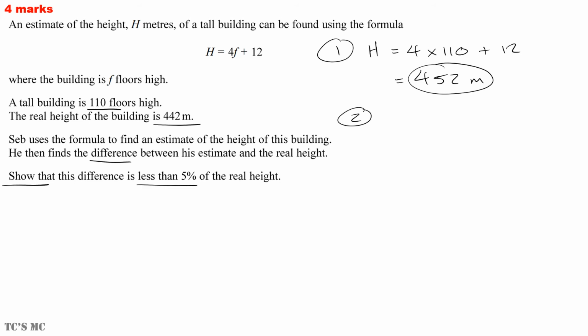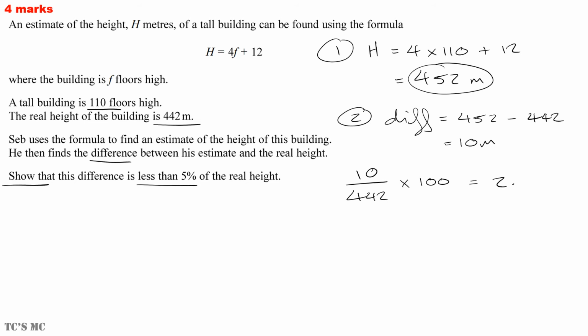Step 2, work out the percentage. We need the difference first, so that is 452 subtract 442. That is 10 meters. We are comparing to the real height, so we need to do 10 over 442 multiplied by 100 to turn it into a percentage. We now have 3 marks.